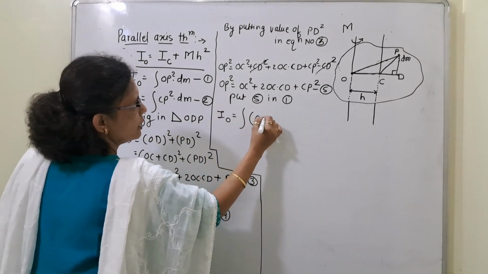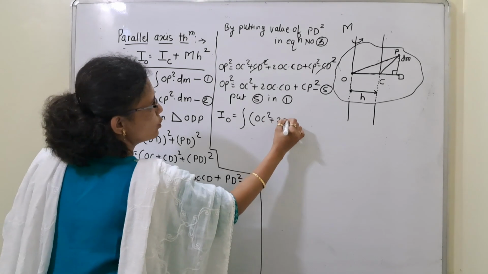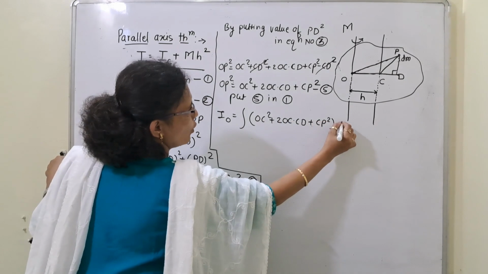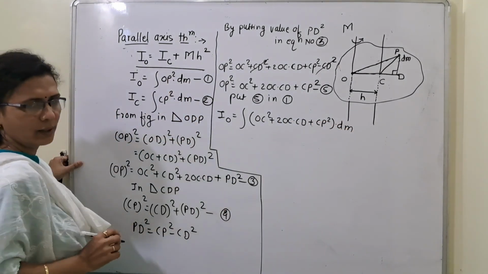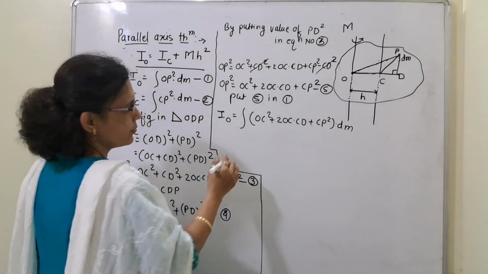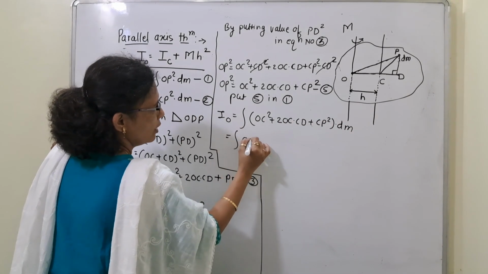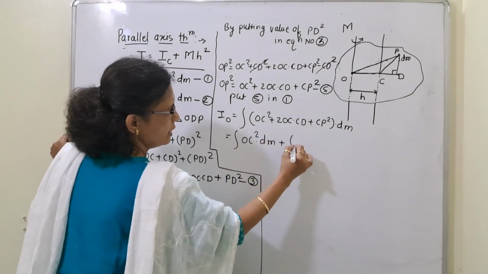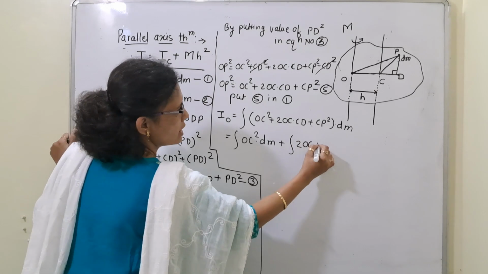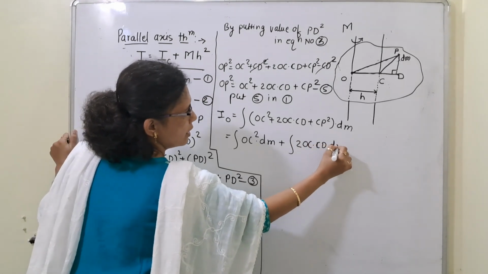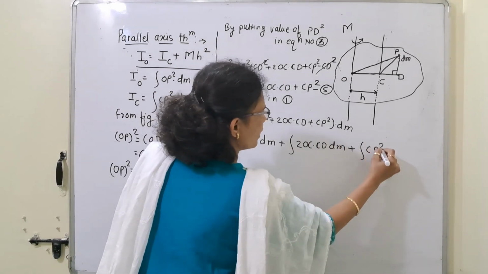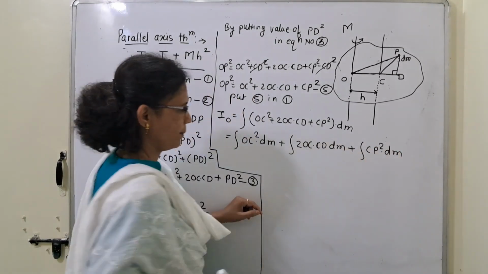OP square is nothing but OC square plus 2 OC into CD plus CP square, into dm. Now separate the terms. So OC square into dm plus integration 2 OC CD into dm plus CP square into dm.